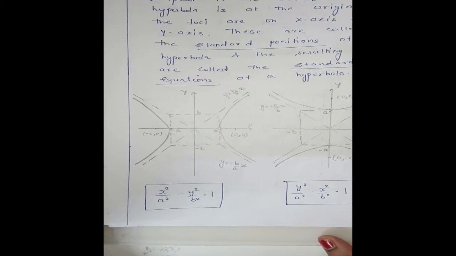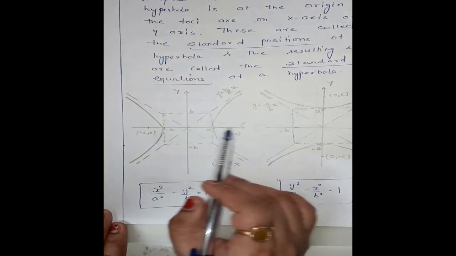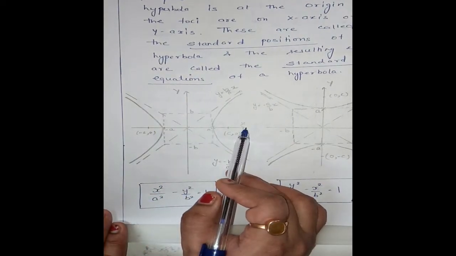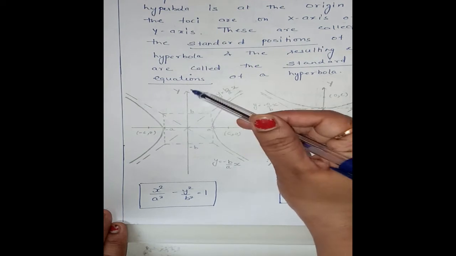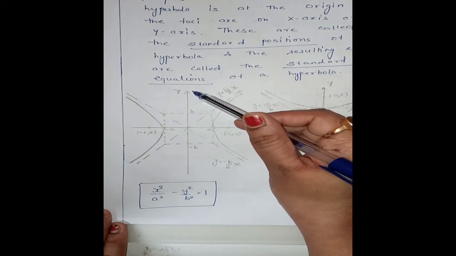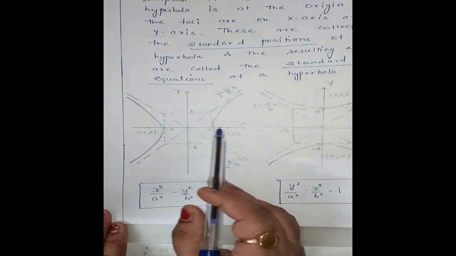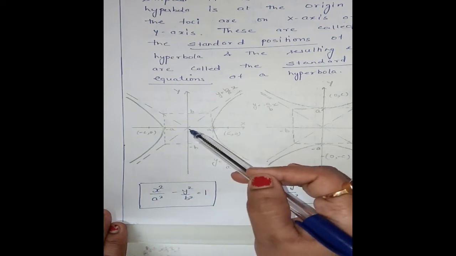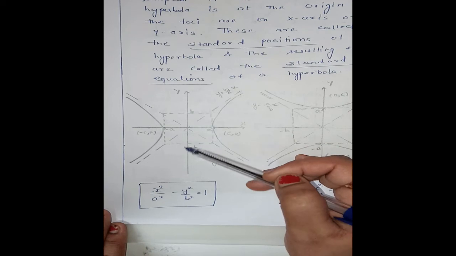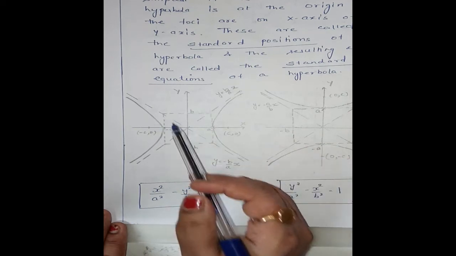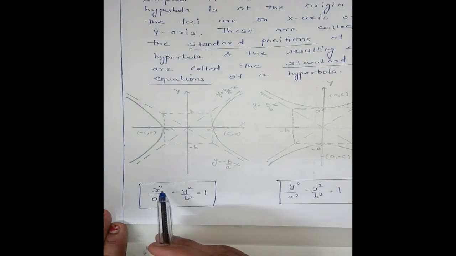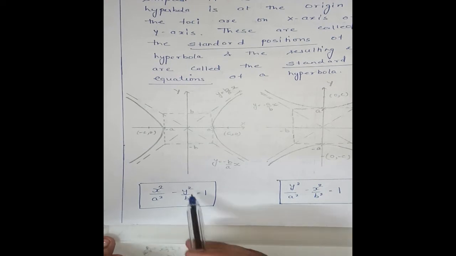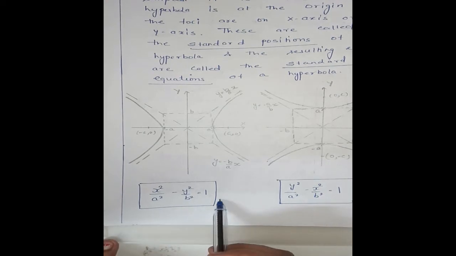First, this. Now here the focal axis is along the x-axis and the conjugate axis is along the y-axis. Okay, now a units along the x-axis on both sides of the center, b units on both sides of the center along the y-axis. The equation of the hyperbola is x square by a square minus y square by b square is equal to 1.